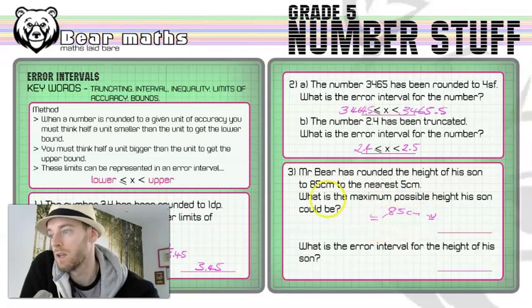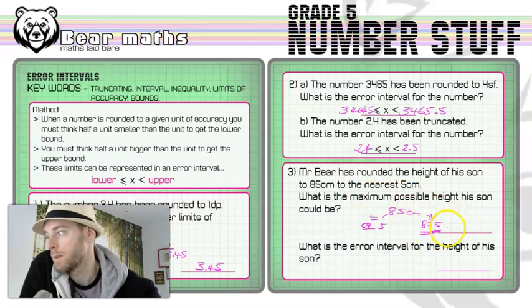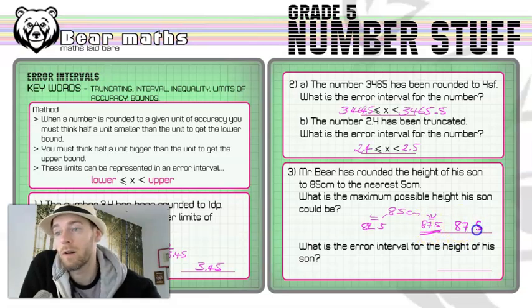It only wants the maximum one, but the lowest one could have been 82.5, and the upper one could have been 87.5. So the maximum possible height that my son could be, if I'm Mr. Bear, which I kind of am, because it's my maths channel, we're going to put 87.5.